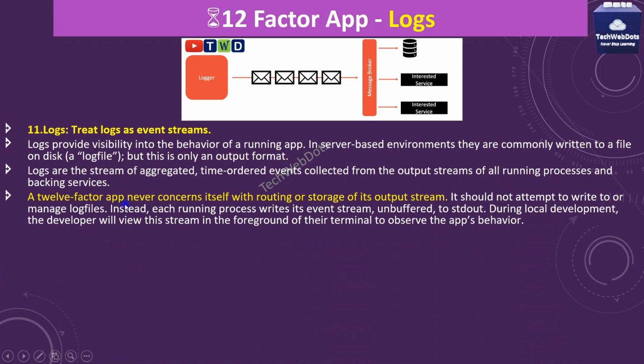A 12-factor app never concerns itself with routing or storage of its output stream. It should not attempt to write to or manage log files. Instead, each running process writes its event stream, unbuffered, to stdout.